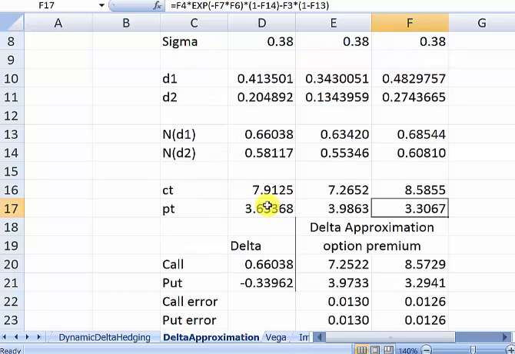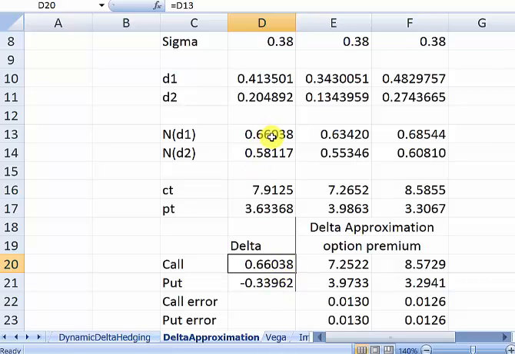And now what I want to do is, well, I do have delta here, right? For the call, I have N(d1), which is 0.66. For the put, it is N(d1) minus 1, negative. Okay, that's the put delta.